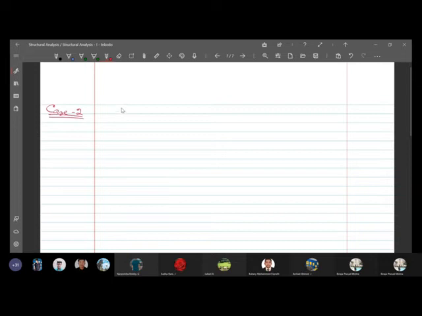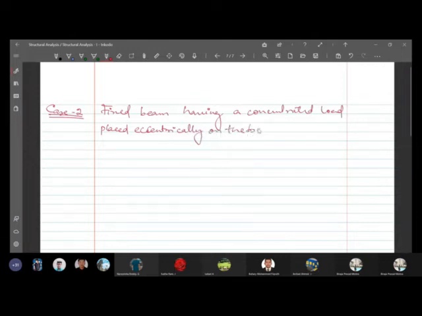Case 2 is a fixed beam having a concentrated load placed eccentrically on the beam. Eccentrically means, what do you mean by placed eccentrically?